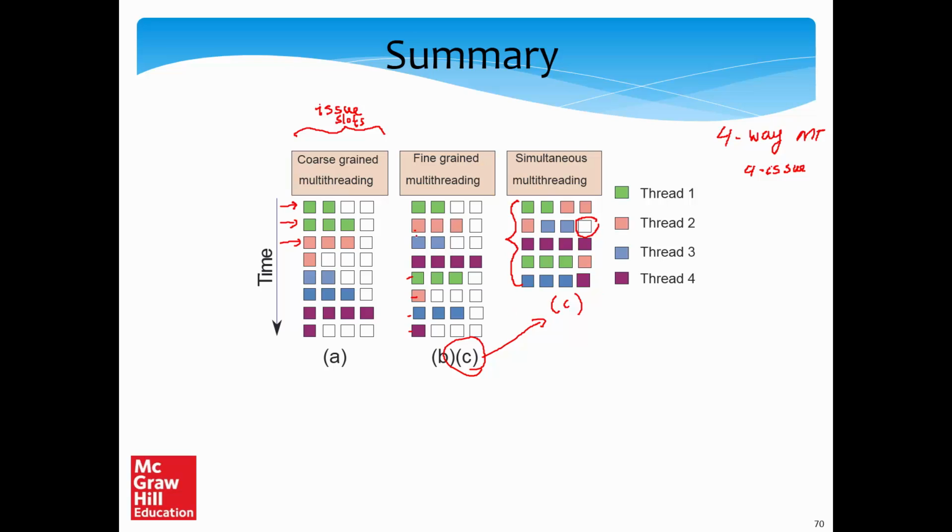As a result, we are done much sooner, and we have a great performance advantage. We will end here, but the important takeaway is that most modern processors support simultaneous multithreading, and it's a great idea to have it and to use it.